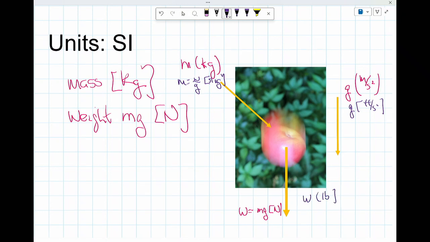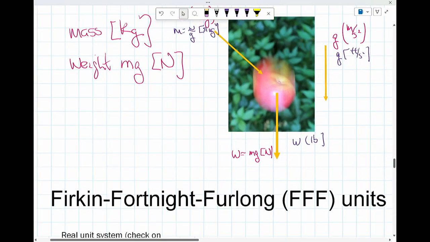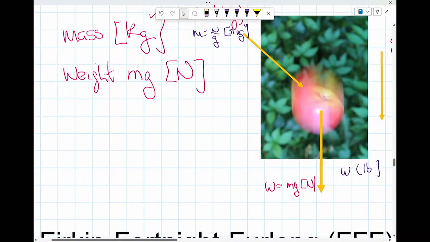Yeah, it's just fun. So that leads into a comparison between the various units. The SI system is kilograms, meters, seconds, and degrees Kelvin.